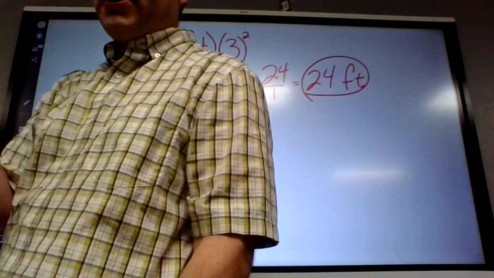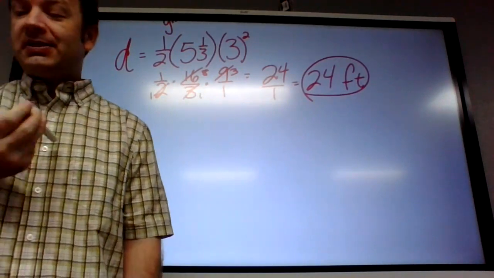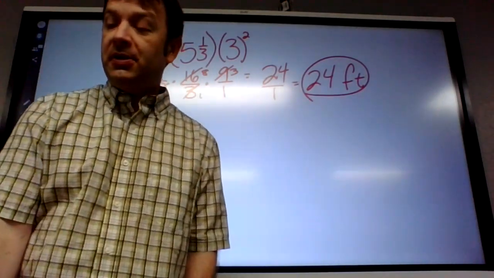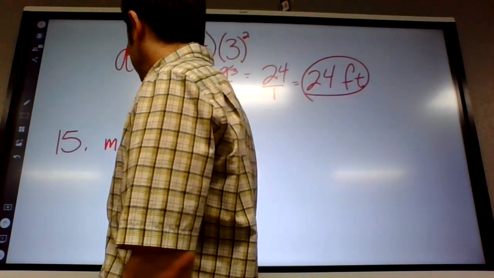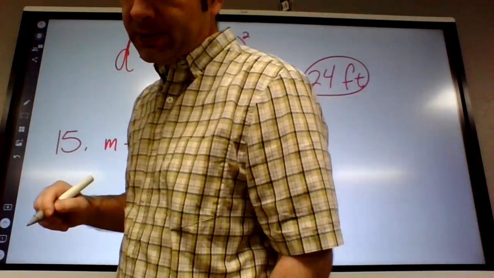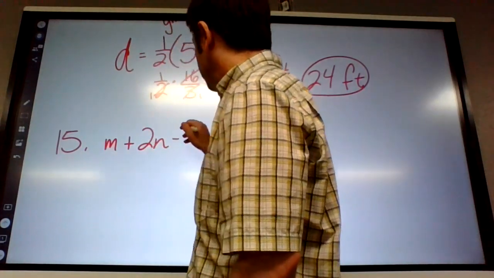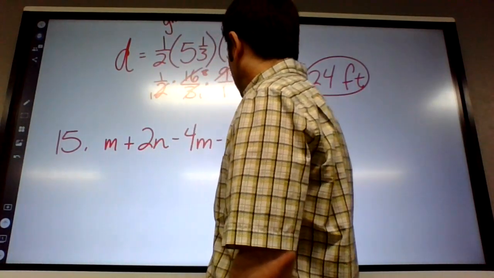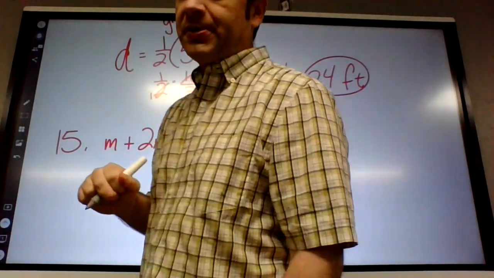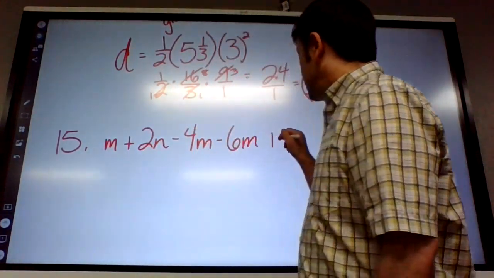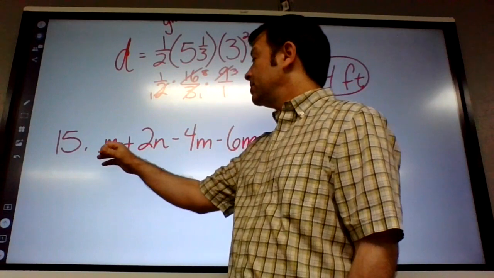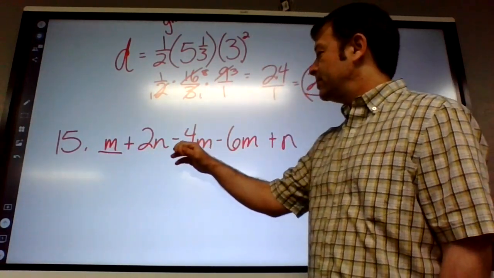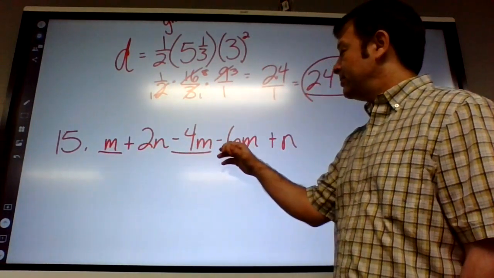Alright, Miranda, it says simplify on 15. Do you know how we could simplify that? Do you remember doing these? Right. Put the ones that are the same together. So, I guess we'll go alphabetically here. So I see a 1m minus 4m minus 6m.